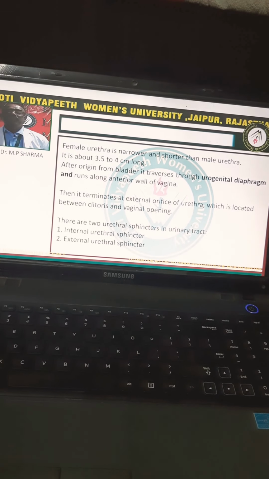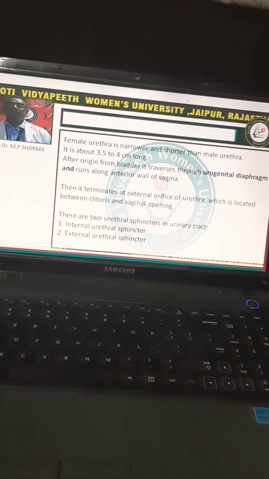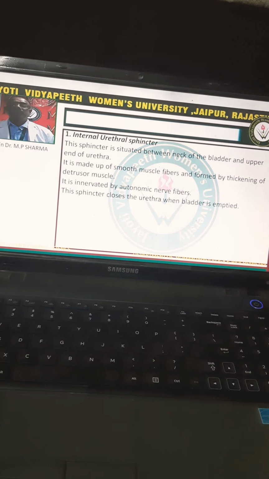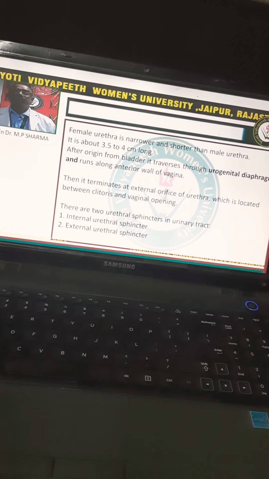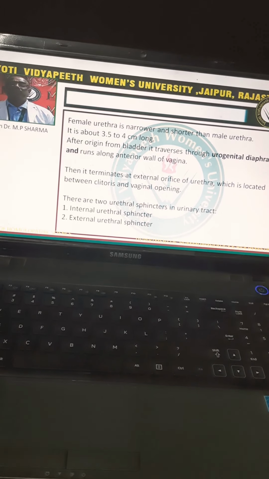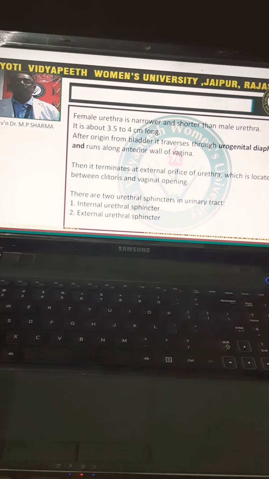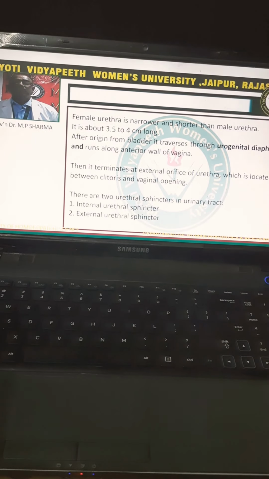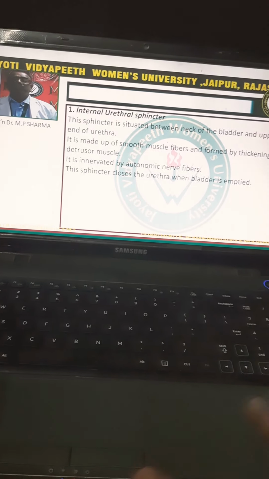Then it terminates at external orifice of the urethra which is located between clitoris and vaginal opening.